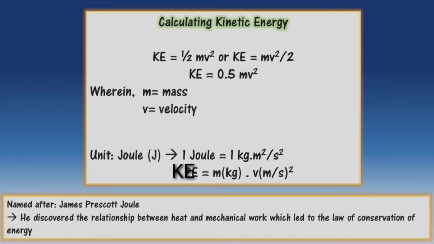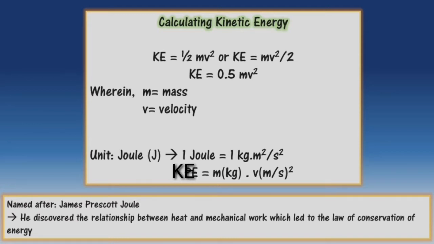The unit used for kinetic energy is joule, wherein 1 joule is equal to 1 kilogram meter squared per second squared. Kinetic energy is equal to mass, which is measured in kilograms, and the unit for velocity is meters per second. Then you square it. That's why we have the unit of meter squared per second squared.